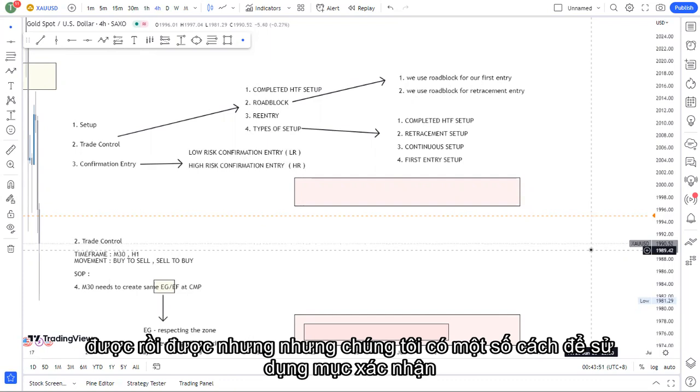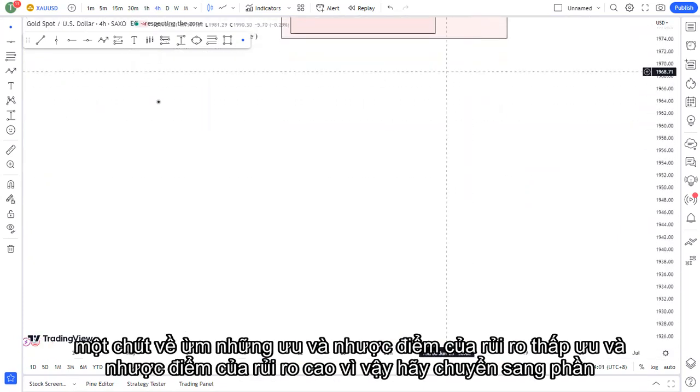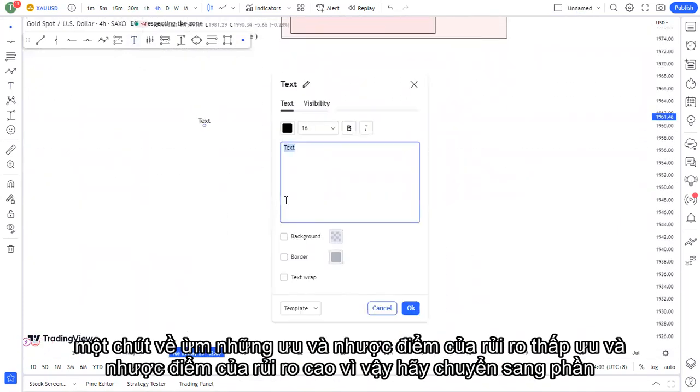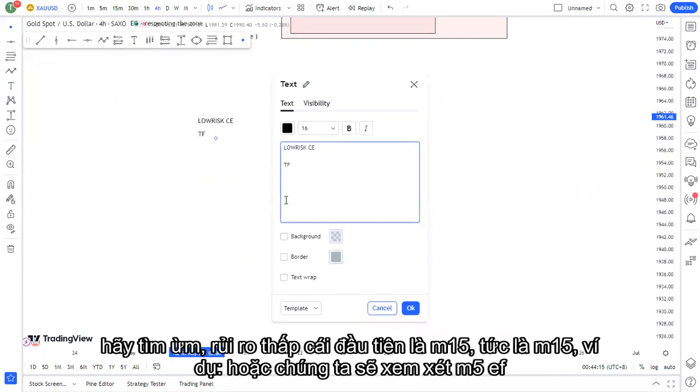We have a few ways to use the confirmation entry, for low risk or for high risk. So we are going to talk a little bit about the pros and cons of low risk and the pros and cons of high risk. Let's go to the low risk confirmation entry first, low risk CE. Which time frame do we look at for low risk? The first one is M15 EG, or we look at the M5 EF.